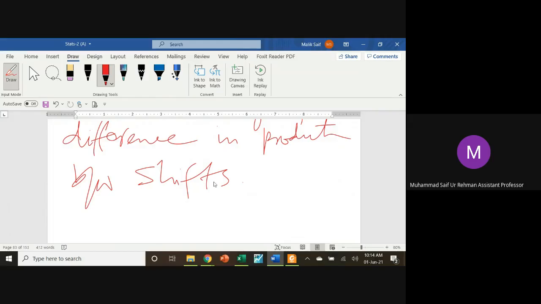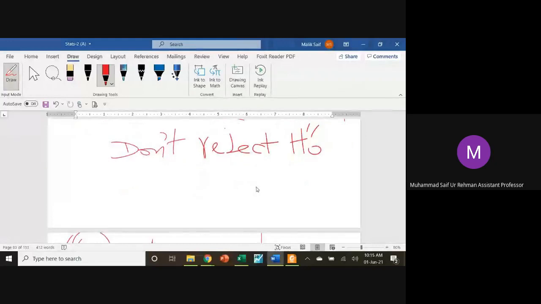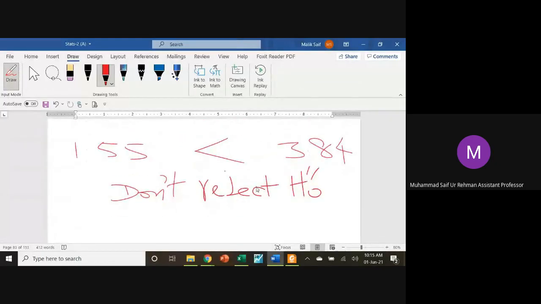And in the second case, don't reject H naught. Don't reject H naught means you are going to accept H naught bar bar.